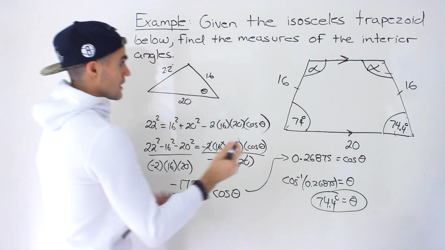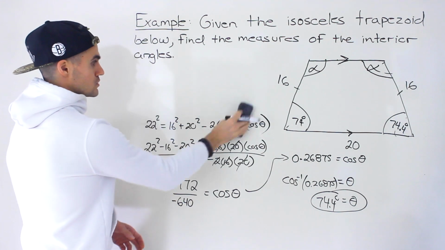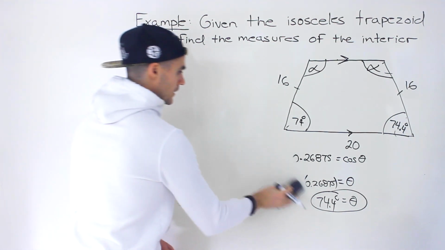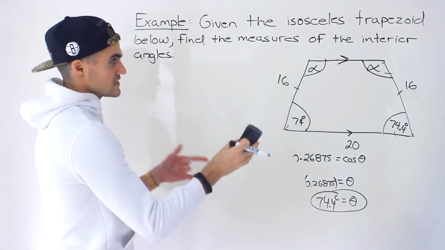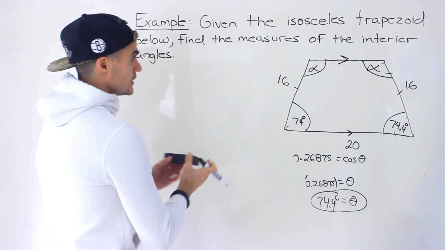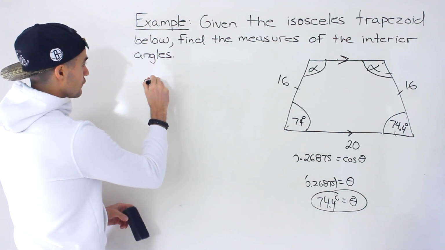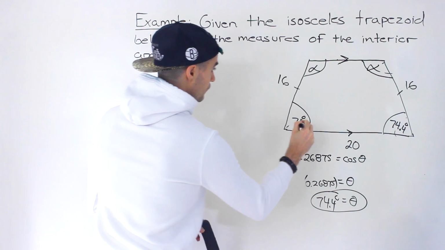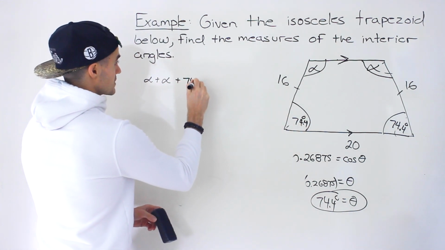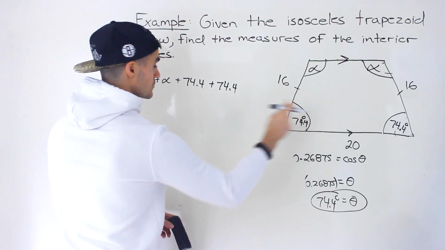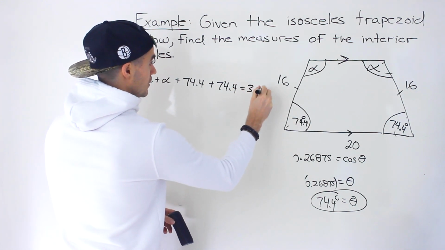These two angles alpha, and we know that all of these angles added up have to equal 360. So alpha plus, sorry, let's put 74.4 here, let's be a little bit more exact. So alpha plus alpha plus 74.4 plus 74.4, those have to equal 360.